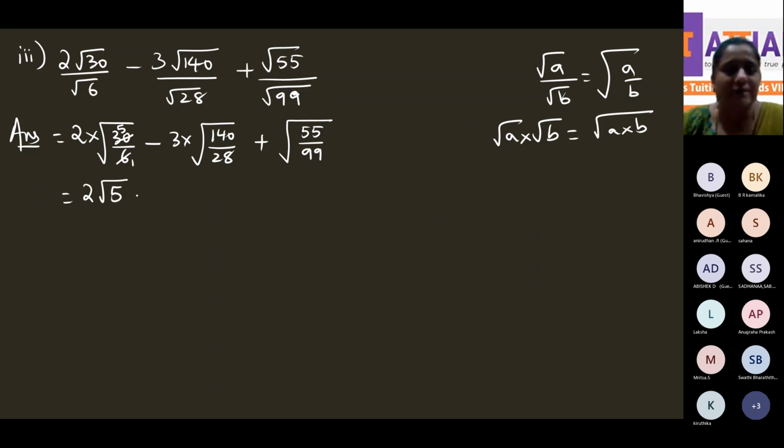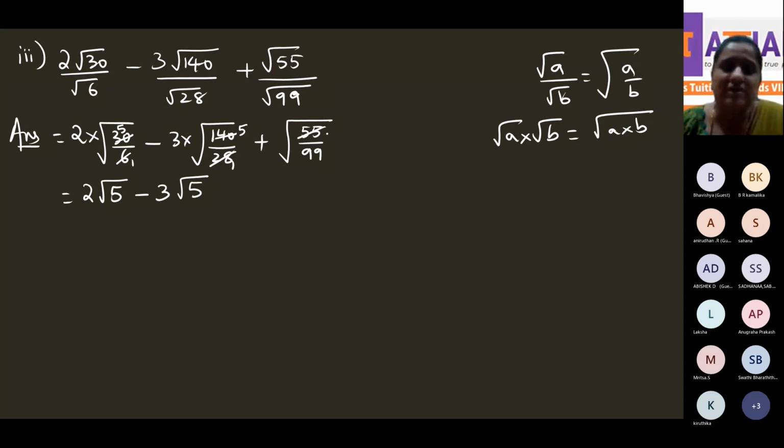So root 5 minus, 28 ones are 28, 28 fives are 140. Okay, so there's 3, and under the square root you will have 5, because 28 ones are 28, 28 fives are 140. So it's 5 by 1 or simply 5 under the square root.